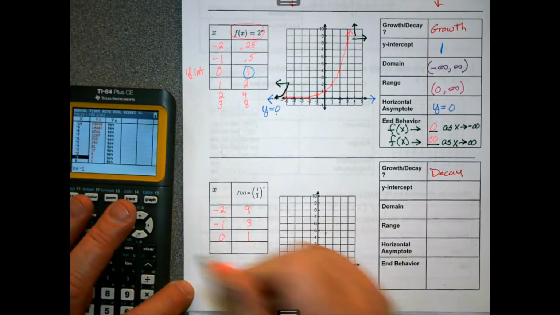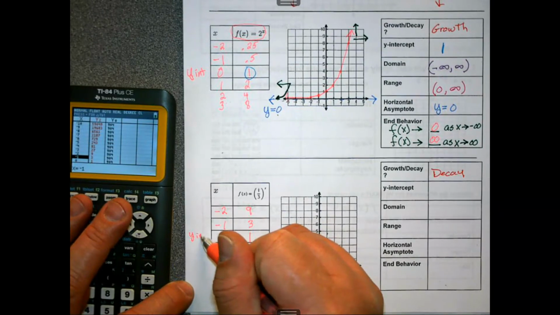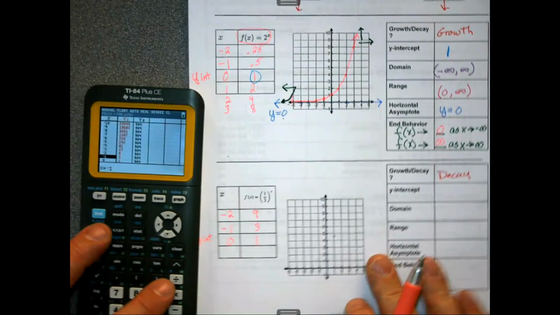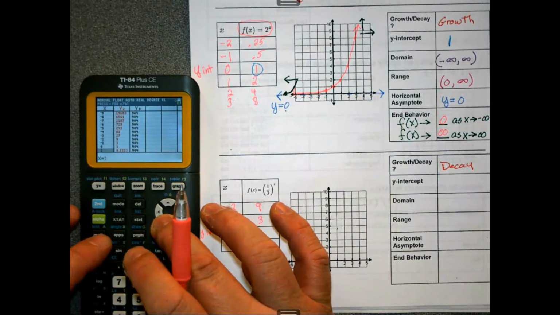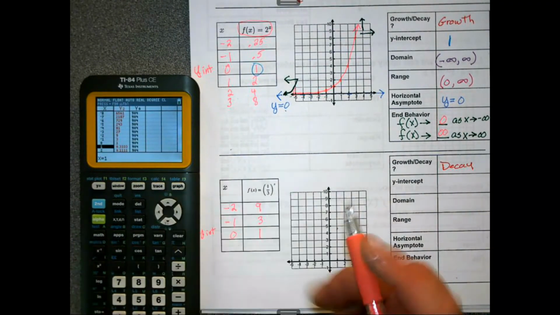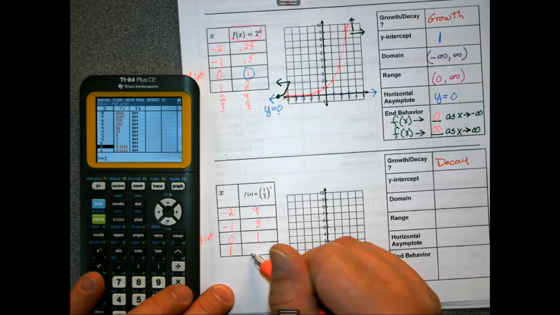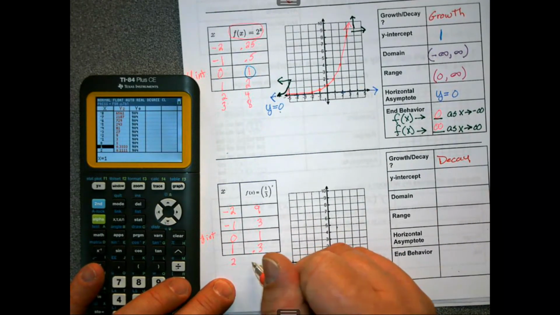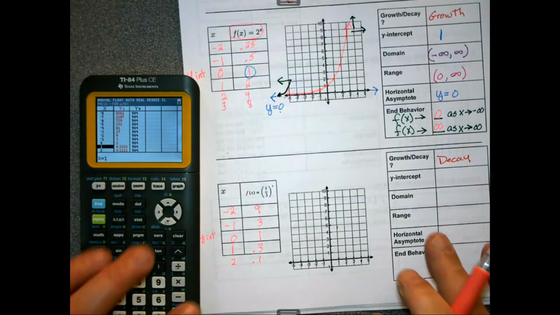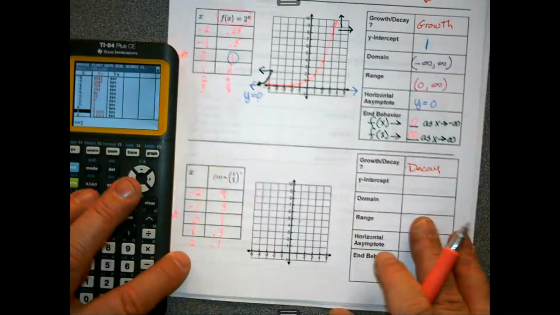Here's our y-intercept again, right? What else we got? Yeah, 1, 1/3. And then I'm going to put the next one on there, 2, 1/9. That's about all I'm going to be able to get on this graph.